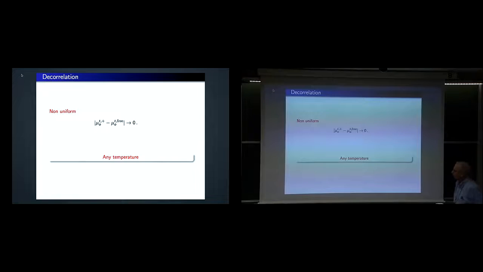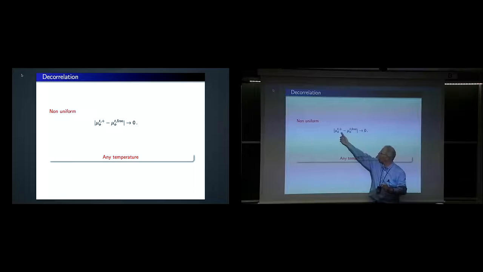But I claim that if I take boundary conditions between free and plus, free meaning I don't have any boundary, it's like an average. The maximum is to put all of them to be plus, the minimum is to put all of them to be minus. I can do something in between. What is in between? Just not do anything, or put a random boundary condition. Free is like putting nothing. I claim that if I go anything between free and plus, I will still go to 0 at any temperature.